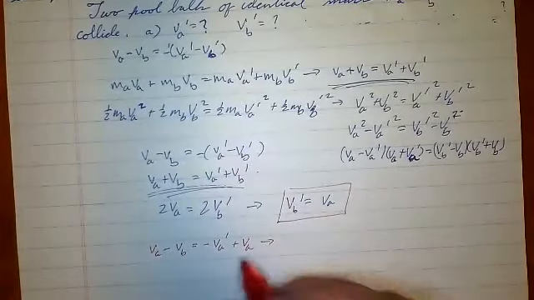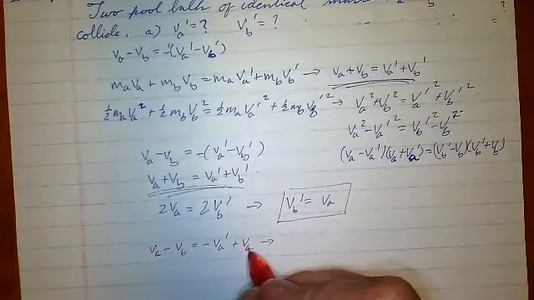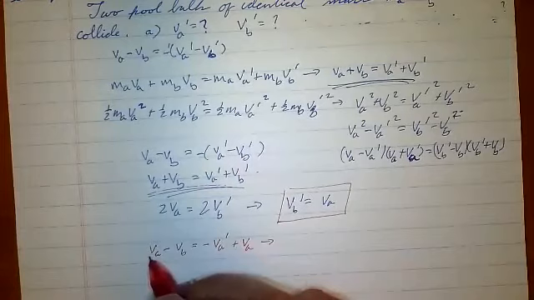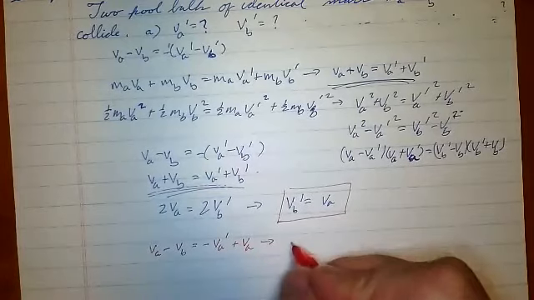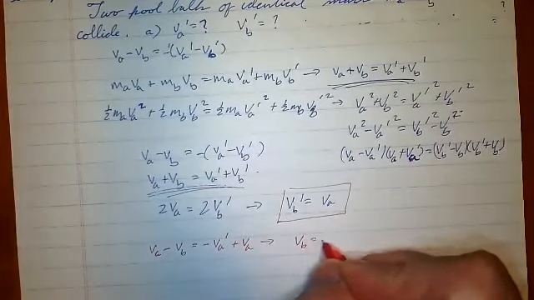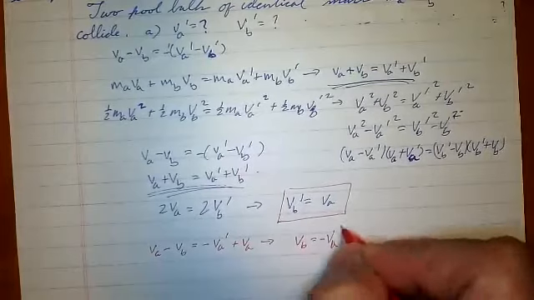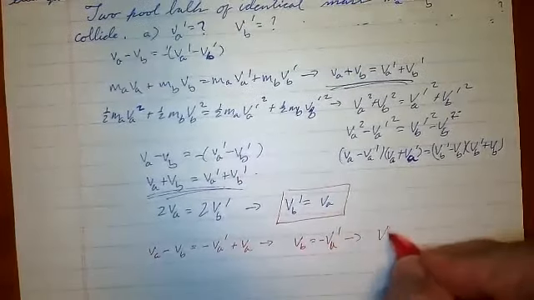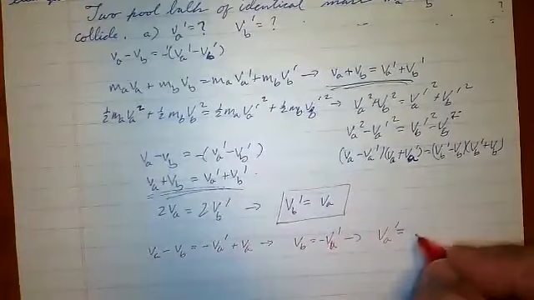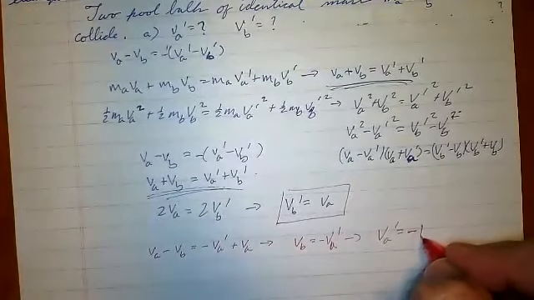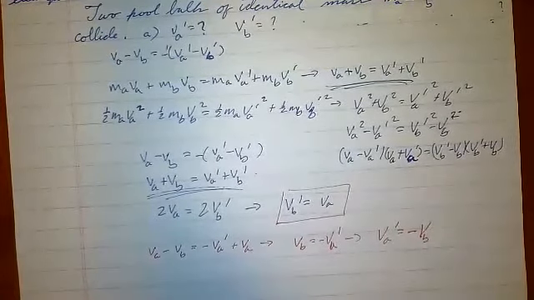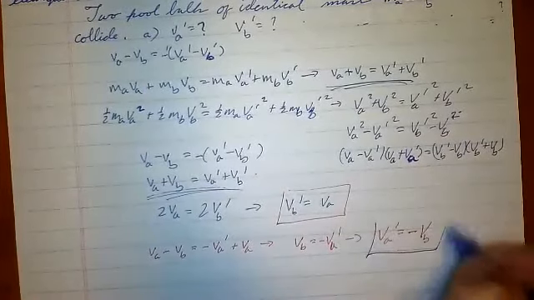Now VA and VA cancel each other out, and I'd see that VB is equal to negative VA prime, or ultimately VA prime is equal to negative VB. So this is another result.